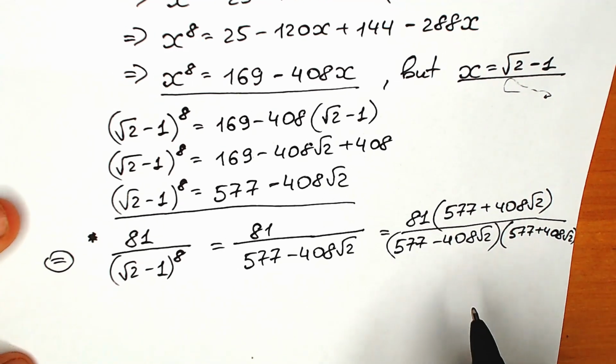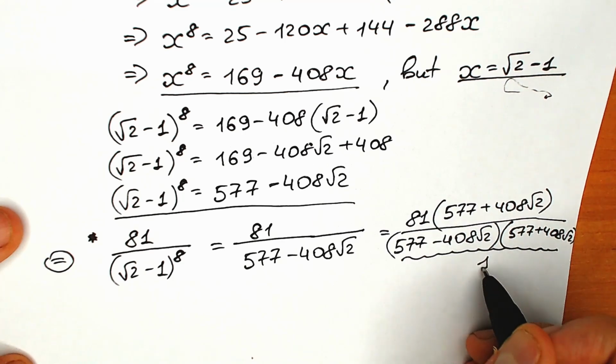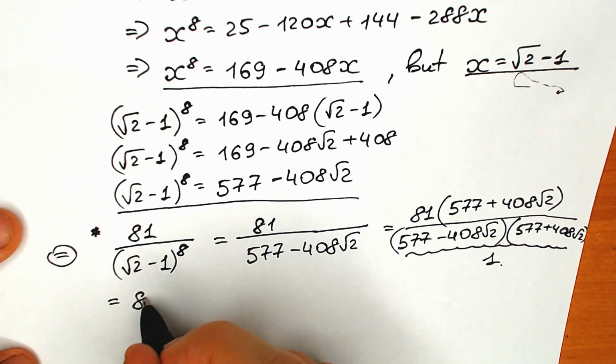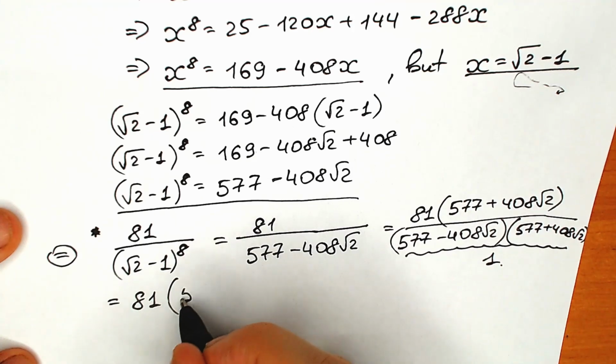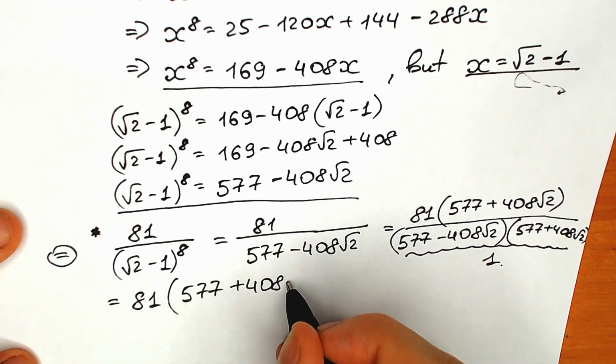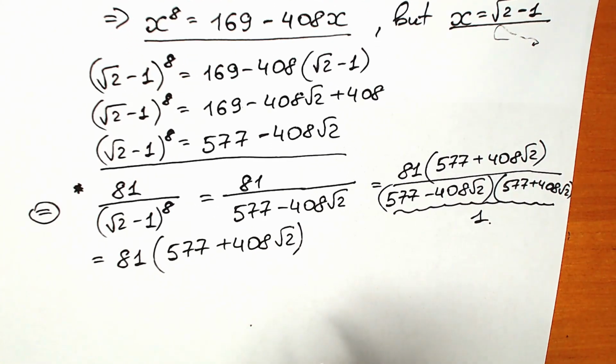And right now you will be shocked a little bit, but this expression right here, when we multiply it, equals 1. So as a result, our expression equals only our numerator, so 81 times 577 plus 408 square root of 2, and this looks like our answer.